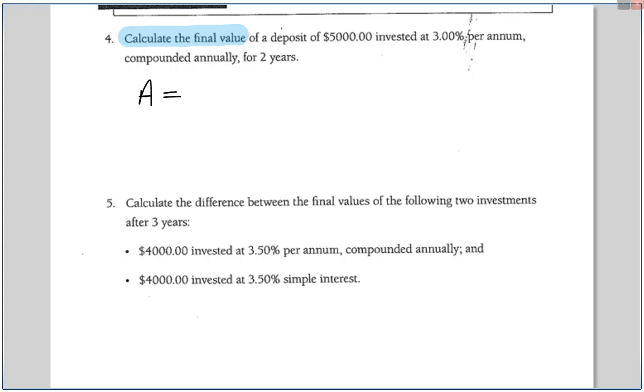Then it says the deposit of money is $5,000. So what letter goes with 5,000? P. So put a 5,000.